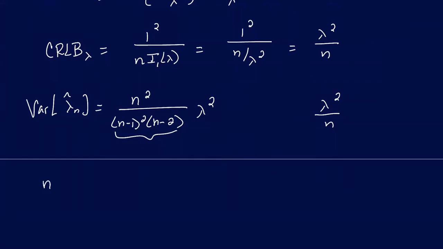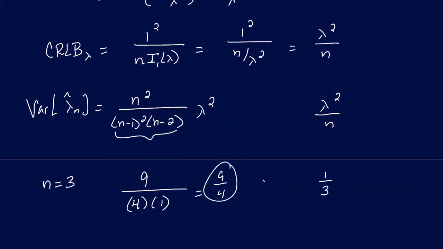So when n is 3, the left side here is 9 over 4 times 1, or 9/4, and the coefficient on the right side is 1 over 3. And so the variance is clearly greater than or equal to the Cramér-Rao lower bound in that case.